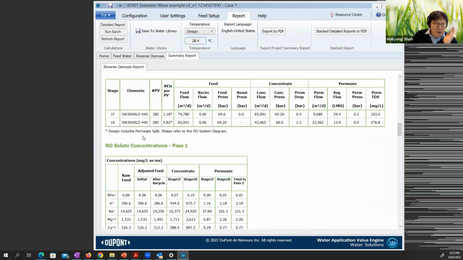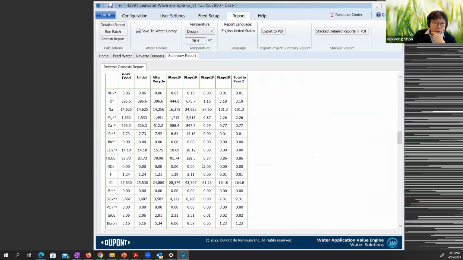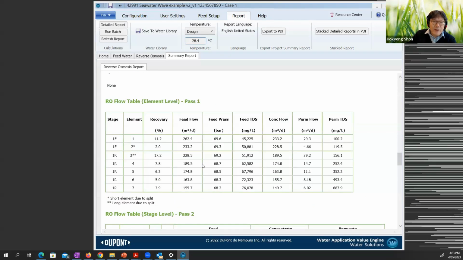So when you have a flow rate, for example, feed flow rate, retentate flow rate, and the flow balance, the RO flow table, you have a flow table here: feed flow, feed pressure, concentrate flow, permeate flow. They are relevant to your applied pressure as well as back pressure.